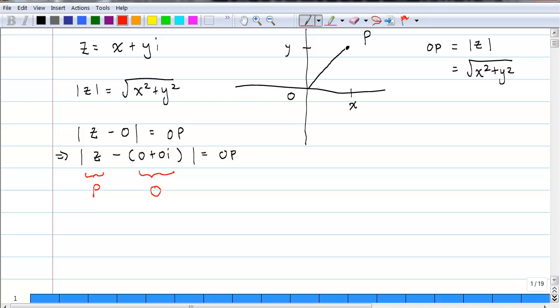Now let's see how we can extend the same idea with our first example of a locus, that is a circle.